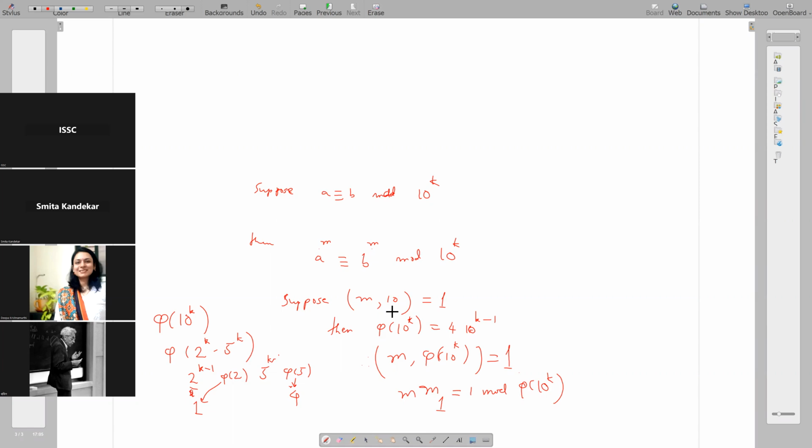And therefore, it is coprime to this number. Once M is coprime to this number, I can have M times M1 congruent to 1 mod phi of 10 raised to k. Therefore, this is equal to 1 plus some multiple of phi of 10 raised to k.